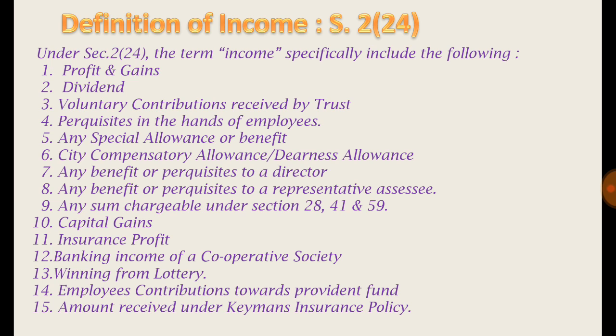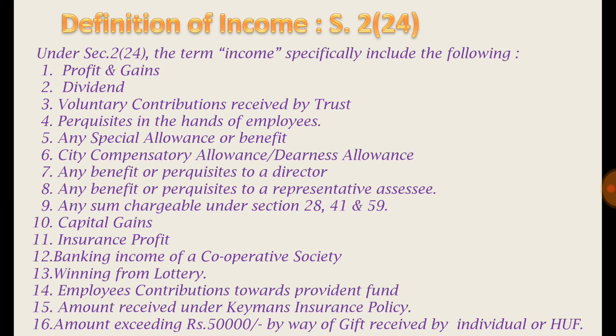In the event that person leaves the job or dies, the business entity may have to face huge loss. Therefore they can have the keyman insurance policy, and if they receive that insurance amount, that is also income of the company.